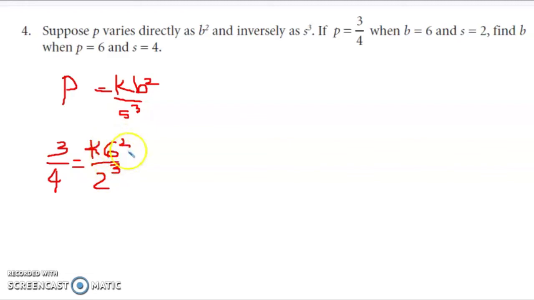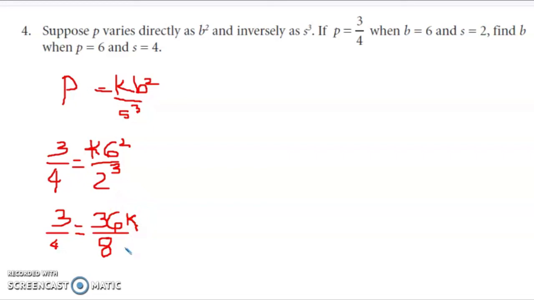So let us first raise these two powers. So I will be rewriting 3/4 is equal to 6 raised to 2 is 36. That is 6 times 6. And 2 cubed is 8 because that is 2 times 2, 4 times 2, that is 8. Now, do not forget to write K. Okay, that's 6K.